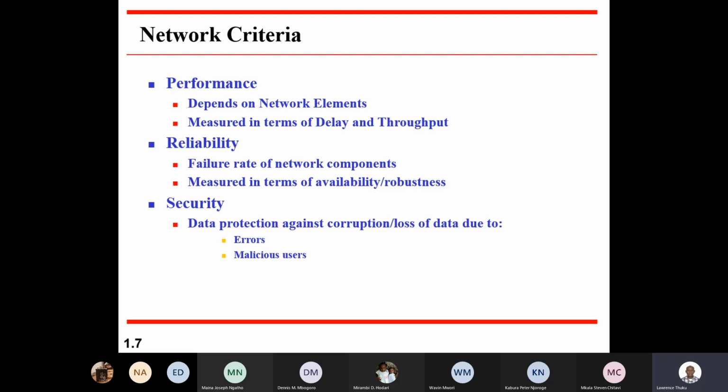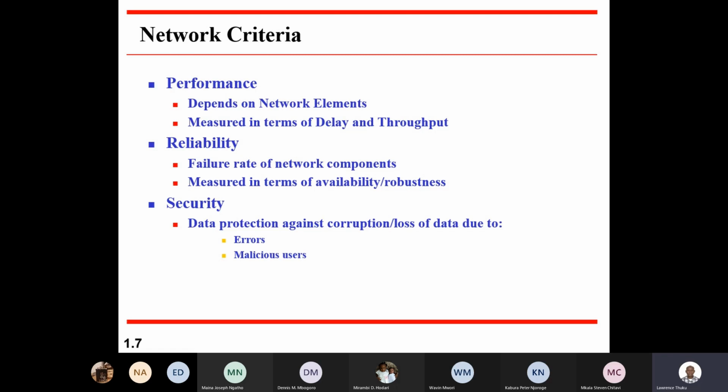They may have failed in terms of receiving the signals from the point of connection towards your hostels, for example. And of course, that forms the quality measure of a network being poor in terms of reliability. So here it means availability and of course the robustness of the network itself.